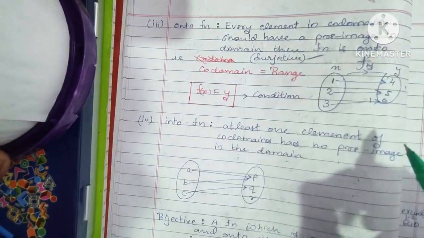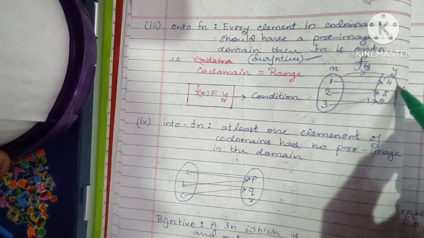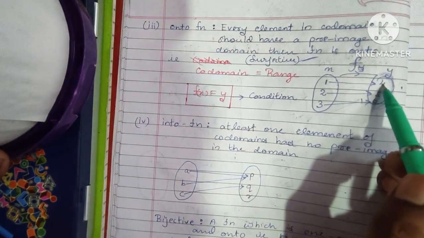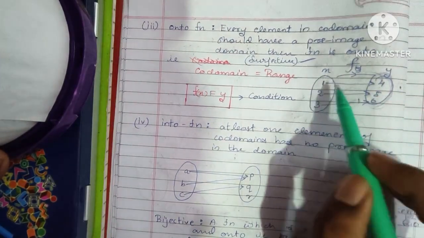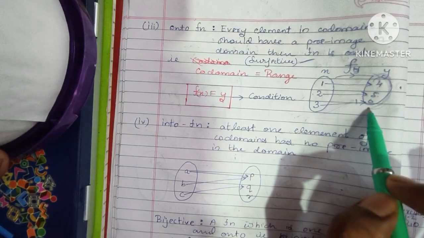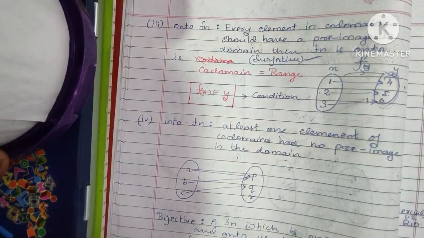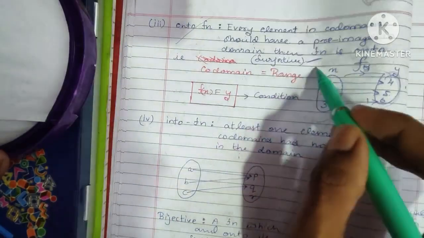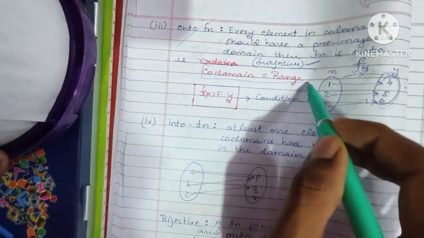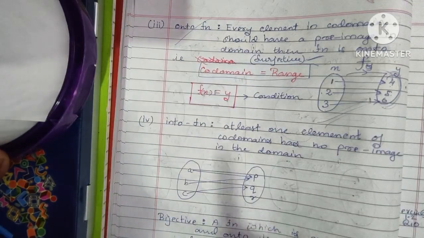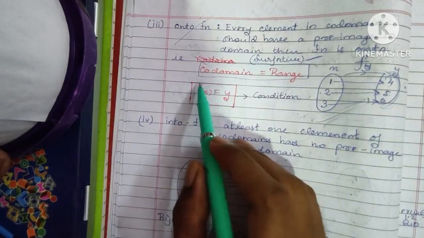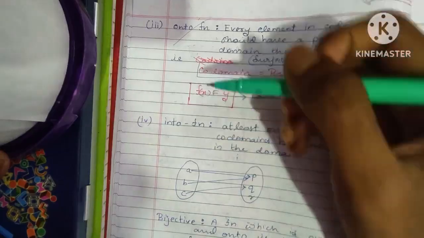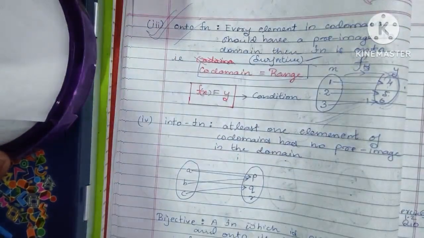Every element in the codomain, the second set is the codomain, should have a pre-image. So 4 has a pre-image 1, 5 has a pre-image 2, and 6 has a pre-image 3. So therefore, it is what? Onto function. The condition that you have to prove during a question is codomain is equal to range. And one more condition, f of x equal to y. This condition you have to prove. So onto function is clear to you, I hope so.